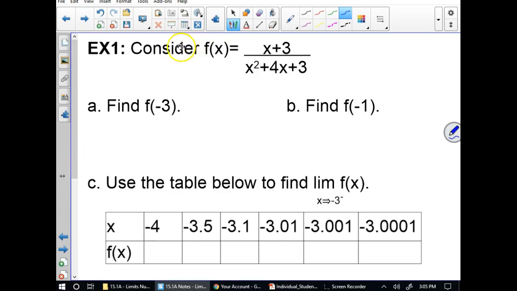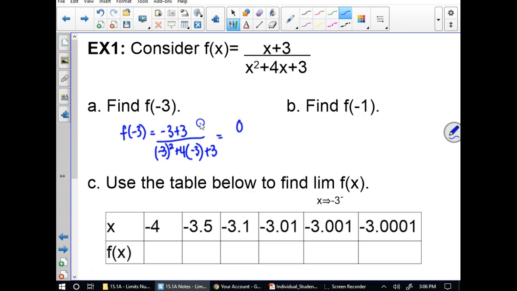Alright, so here we have this example. We've got f of x equals x plus 3 over x squared plus 4x plus 3. And so I want to find f of negative 3. If I'm asked to find f of negative 3, I'm just plugging negative 3 in. So f of negative 3 would be negative 3 plus 3 over negative 3 squared plus 4 times negative 3 plus 3.